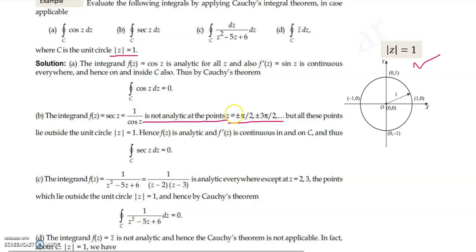So at these points the function is not analytic. So we have to check whether these points lie on the given curve.